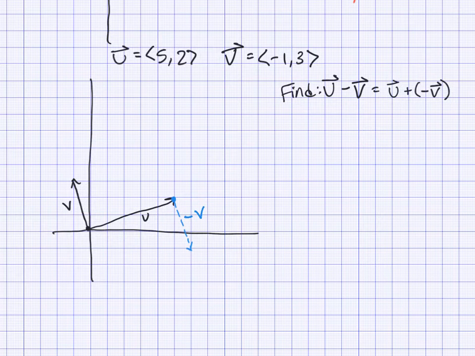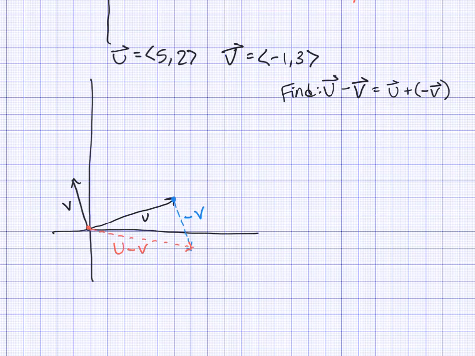And then in order to find my answer, I'm still going to connect my initial point of u to my terminal point of now negative v. So this is going to be u minus v. So that's what that looks like.